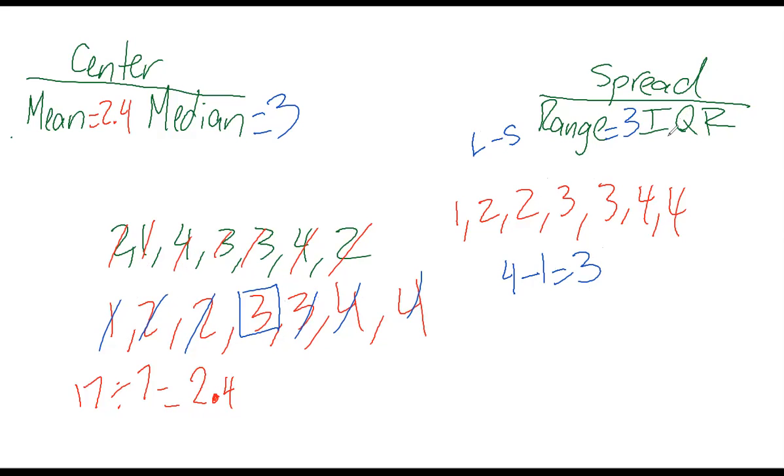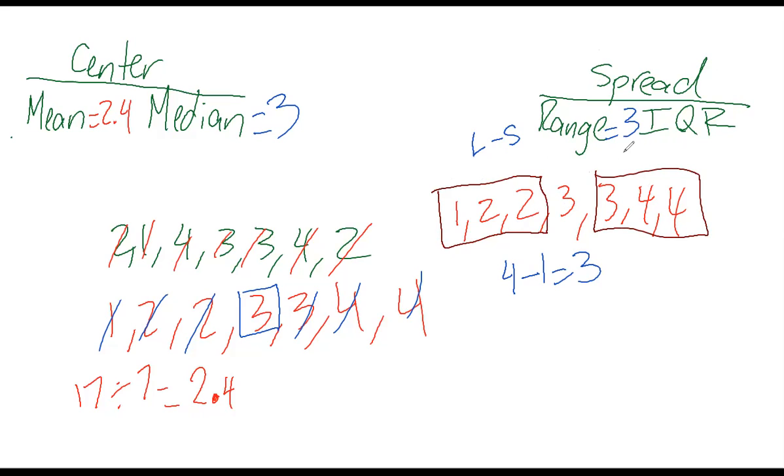To find the interquartile range, a good first step is to break up your data set into halves. So if I were to do that, this would be half, this would be half. I'm leaving the 3 out because that's right in the middle. To find the interquartile range, we're going to subtract.